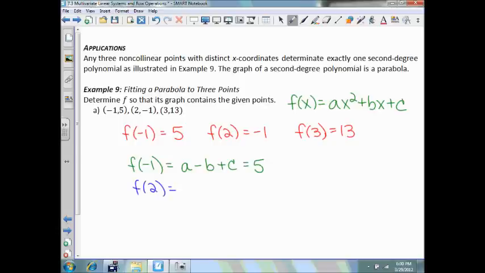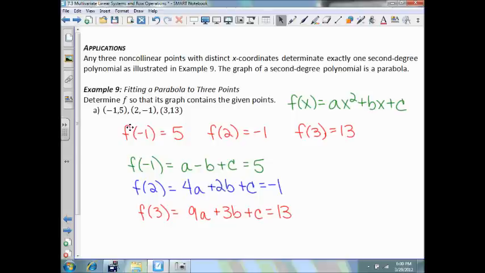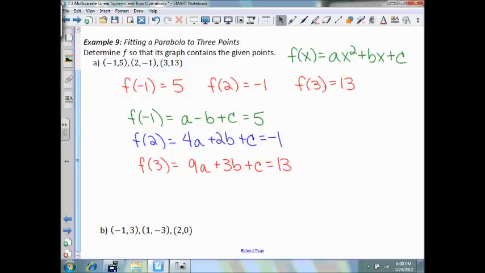F of 2: 2 squared is 4, so I'll end up with 4a plus 2b plus c, that will equal -1. F of 3 will be 9a plus 3b plus c, and that will equal 13. Again, all of the values -1, 2, and 3 are x values.